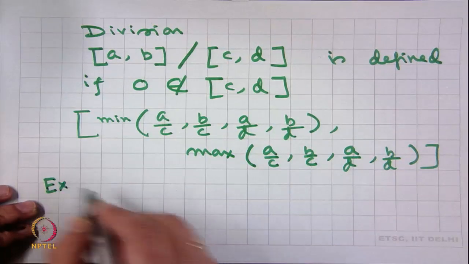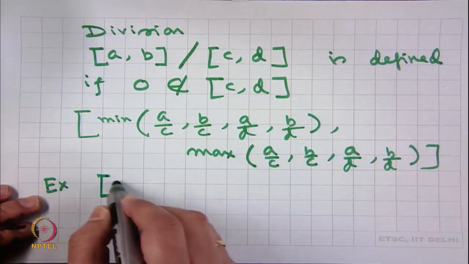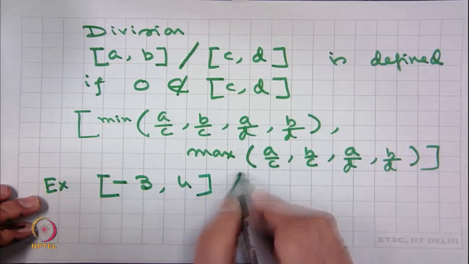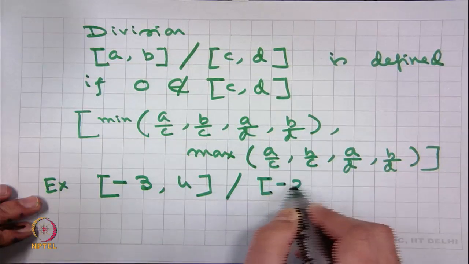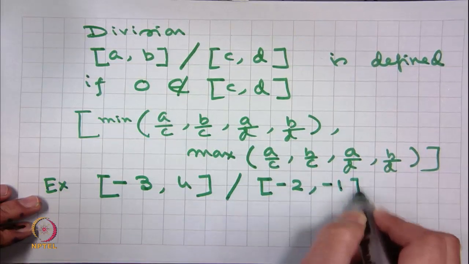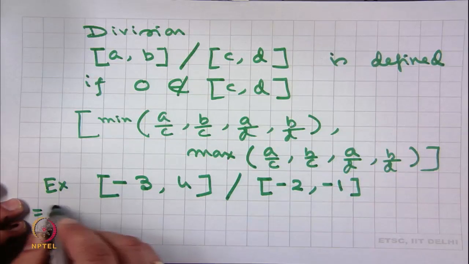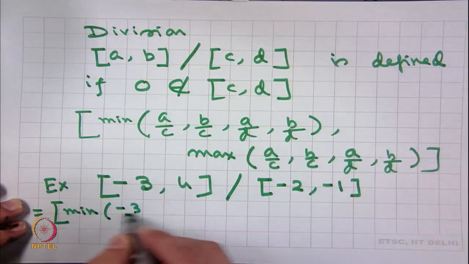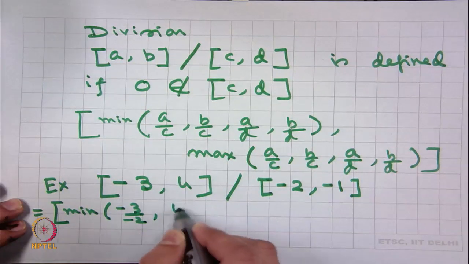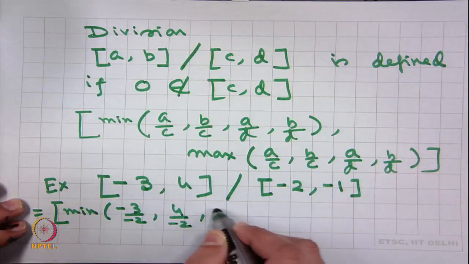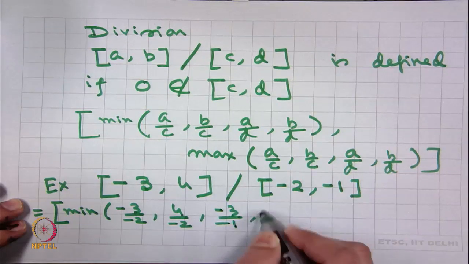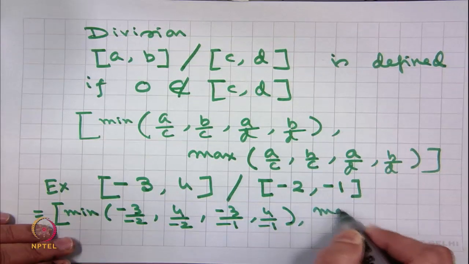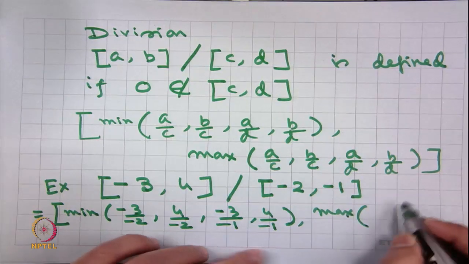Example: [minus 3, 4] divided by [minus 2, minus 1]. This is going to be the interval minimum of minus 3 by minus 2, 4 by minus 2, minus 3 upon minus 1 and 4 upon minus 1 to maximum of these 4 numbers.